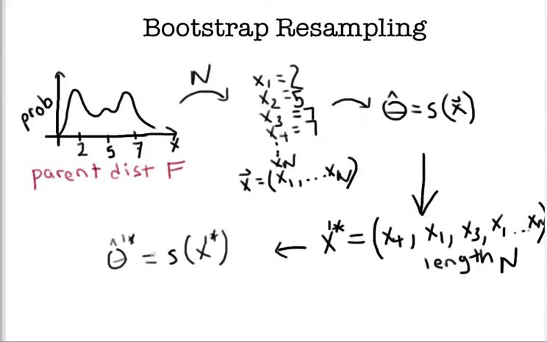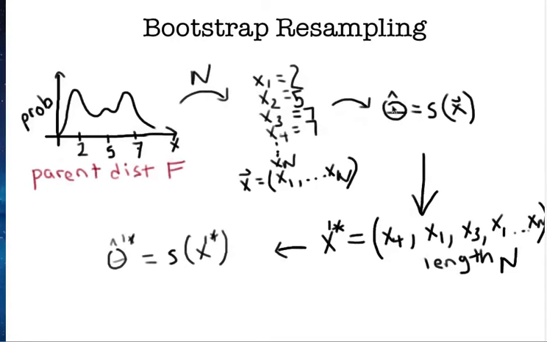And we don't want to do this just once, but a lot of times in order to build up a distribution of our theta hats, or a distribution of our estimators. And from that distribution of our estimators, we can get a measure of the variability or the error. The width of that distribution will tell us something about the typical error that we've made in measuring theta hat.